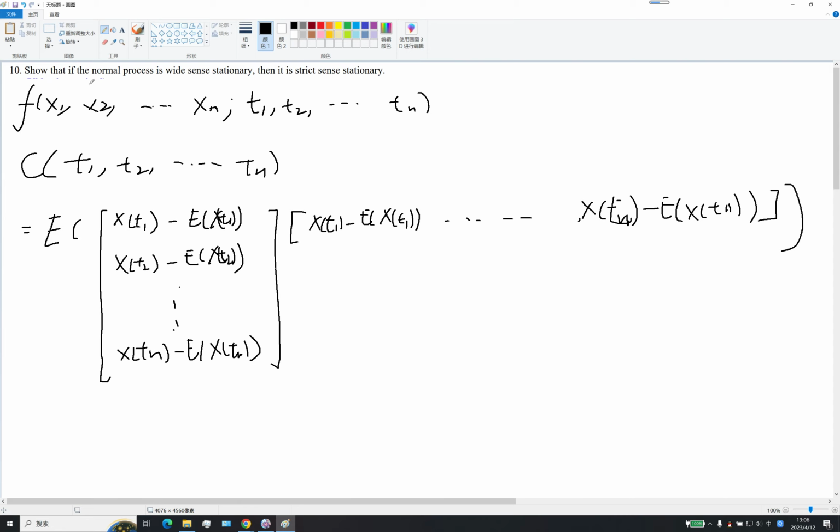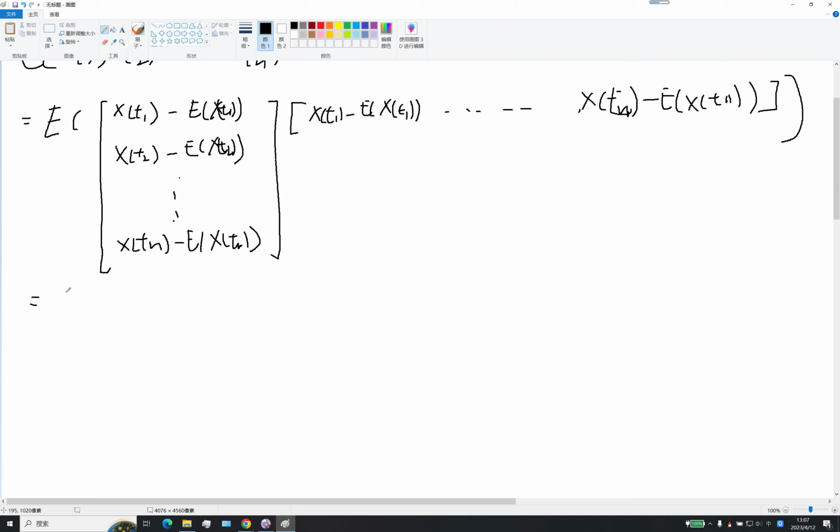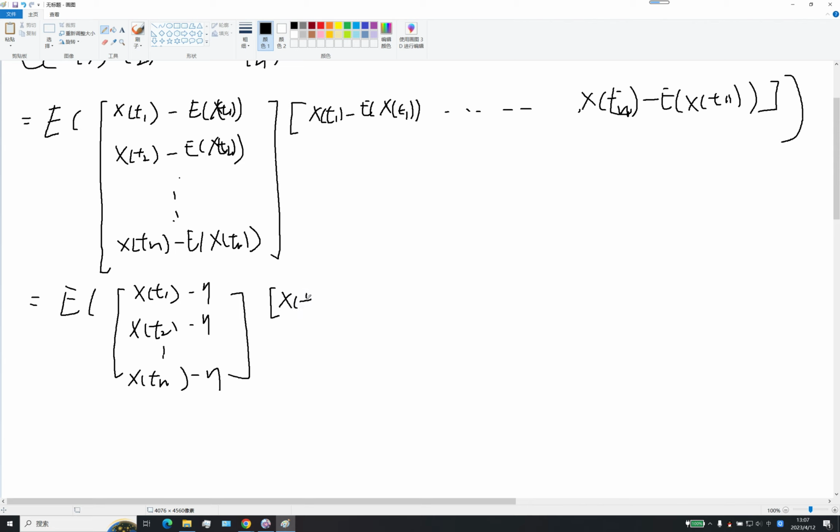Because the normal process is wide-sense stationary, which means E[X] is a constant. So all of them, E[X(t1)], E[X(t2)], E[X(tn)], are the same constant, which is eta. So we can write this in this form: X(t1) minus eta, X(t2) minus eta, X(tn) minus eta, and this is X(t1) minus eta through X(tn) minus eta.